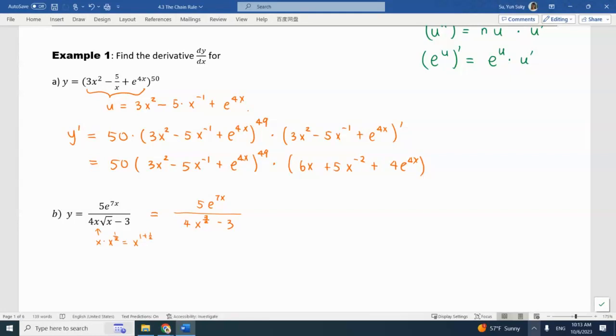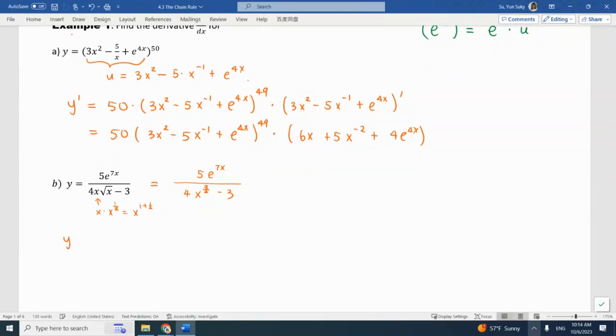Yes, so when you take the derivative, you look at the format from the outside to the inside. And here you see the format is something over something, a quotient, right? So we use quotient rule. Okay, so quotient rule is, you write down the u or v, okay? Just remember it's the top guy prime, right?